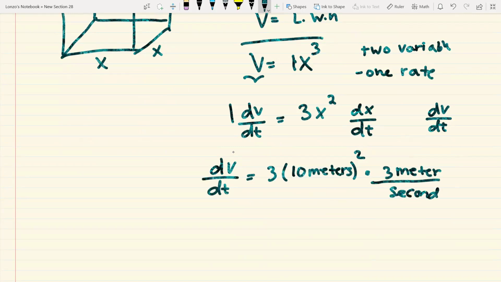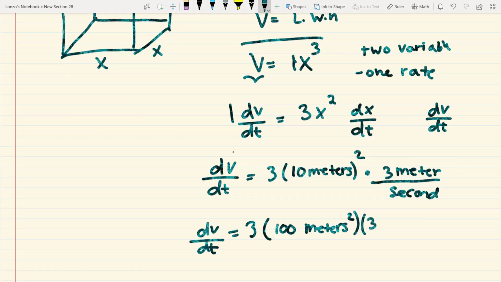So it's going to be dV/dt equals 3 times 10 meters squared. What is 10 meters squared? 10 squared is 100, and you also have to square the units, so meters squared, times 3 meters, all over second.